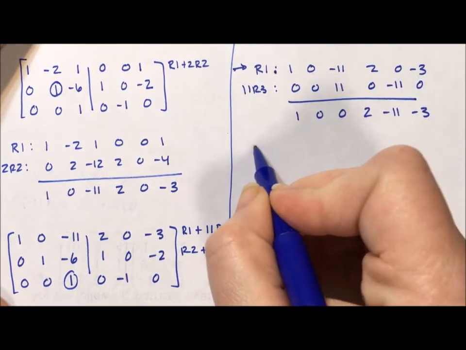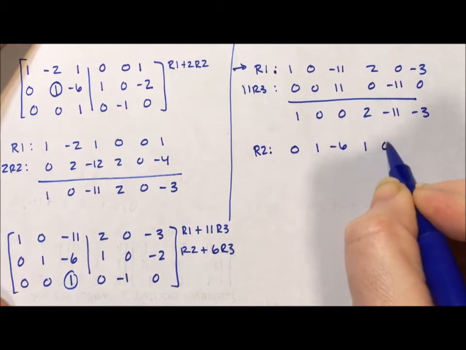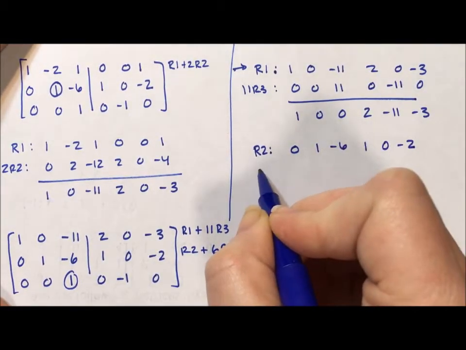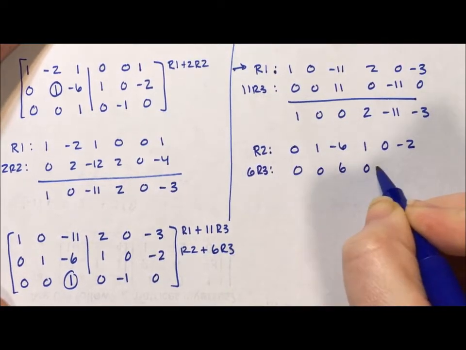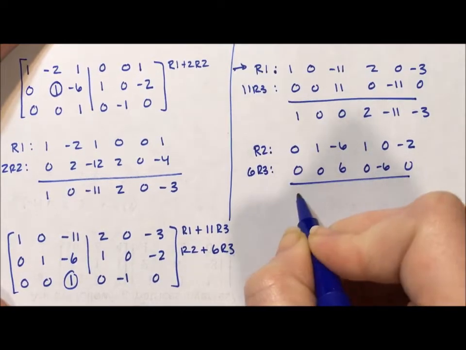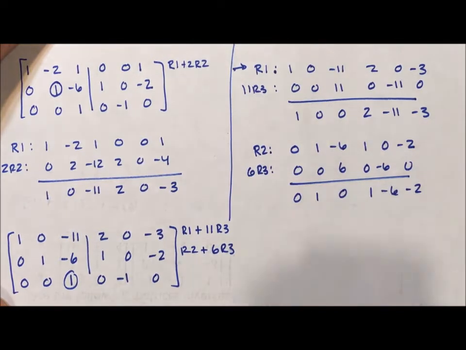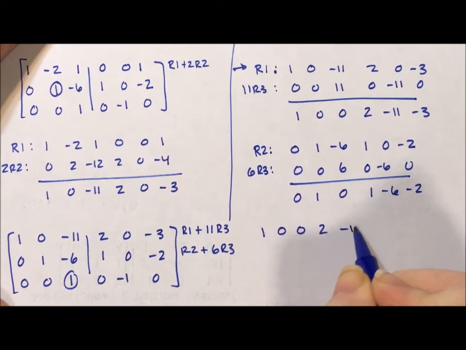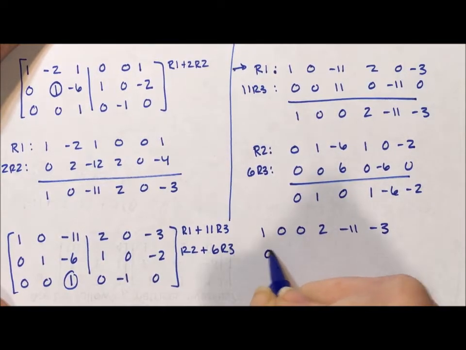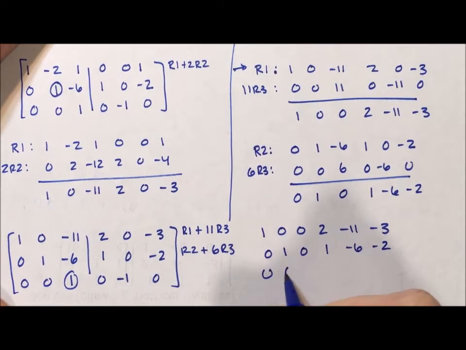Okay, row 2: 0, 1, negative 6, 1, 0, negative 2. 6 times row 3: 0, 0, 6, 0, negative 6, 0. Add this down, and we end up with 1, 0, 0, 2, negative 11, negative 3, 0, 1, 0, 1, negative 6, negative 2, and 0, 0, 1, 0, negative 1, 0.